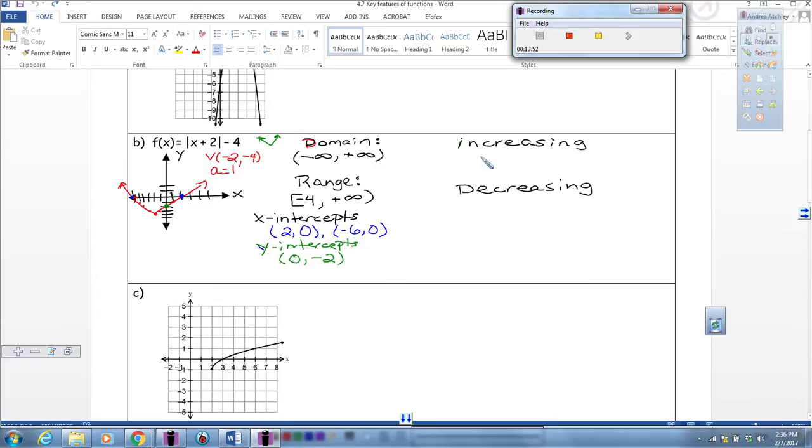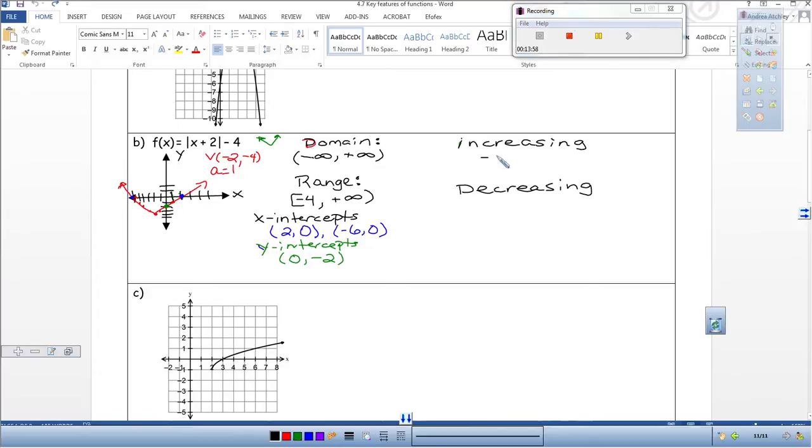Negative 2 to positive infinity. And again, at negative 2, it's neither increasing or decreasing, it's changing. So it doesn't have a bracket, it has a parentheses.